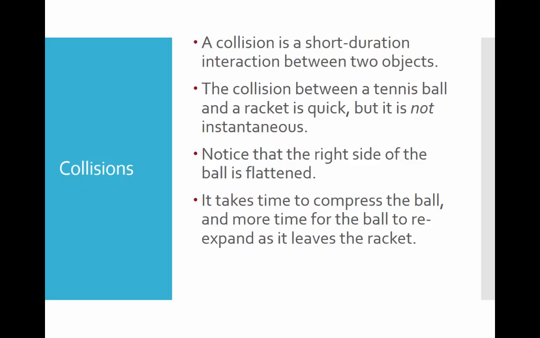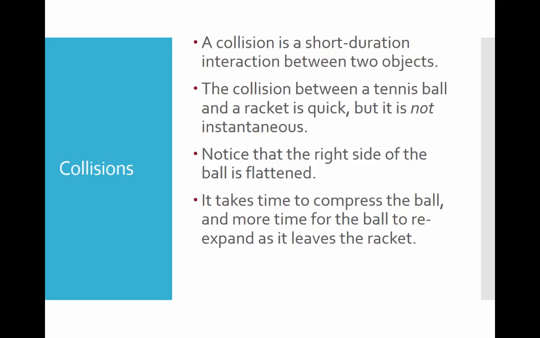So a collision is a short duration interaction. It's not instantaneous in real life because materials are going to give and bend and bow. I'm going to show you a picture here in a second of the collision between a tennis ball and a tennis racket. We think of it as almost instantaneous, where the ball hits the racket and bounces back in the opposite direction.